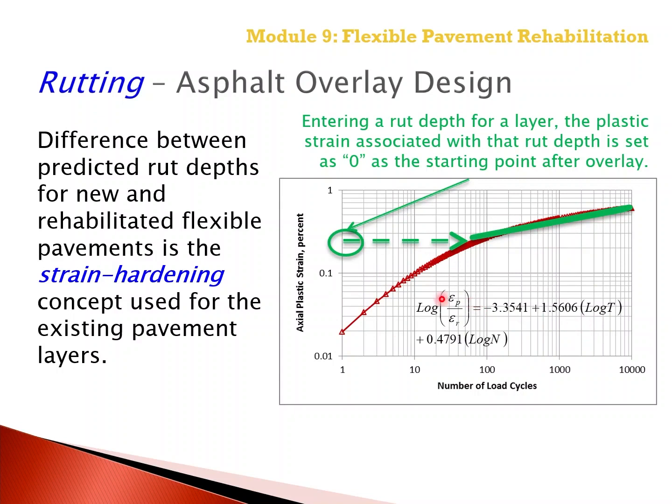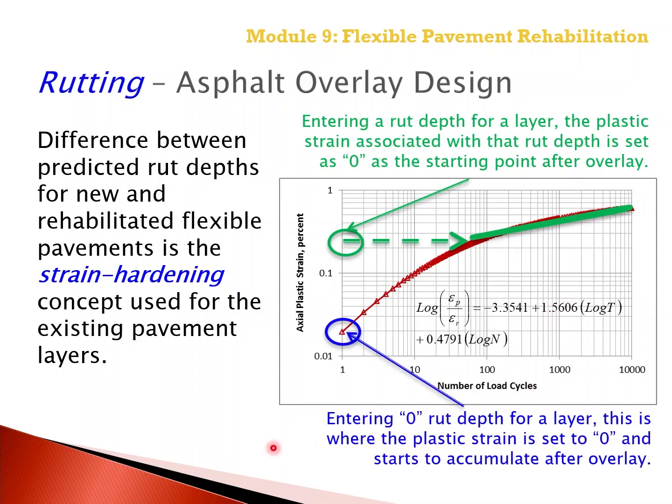For the new asphalt layer, the starting point is basically N equals 1, or with the first truckload application. And then the rut depths or the axial plastic strain accumulates from that point throughout the overlay design life of the rehabilitated flexible pavement.